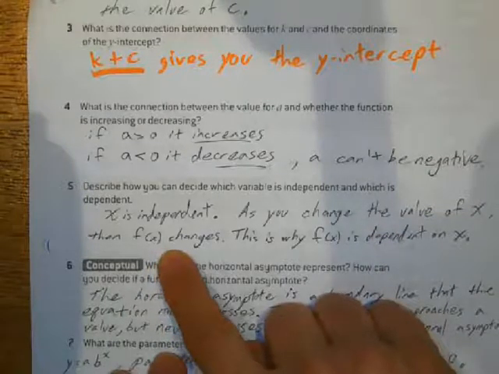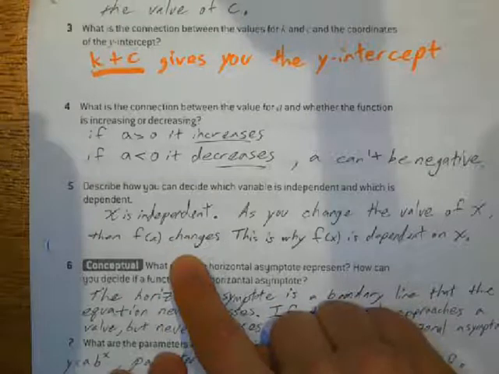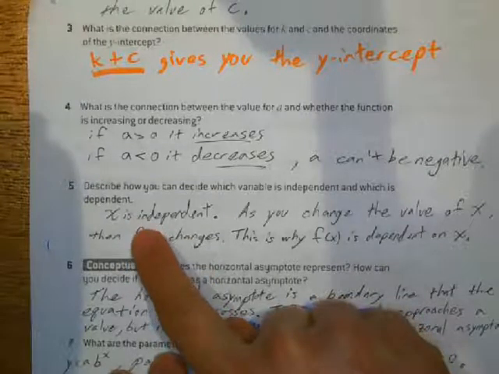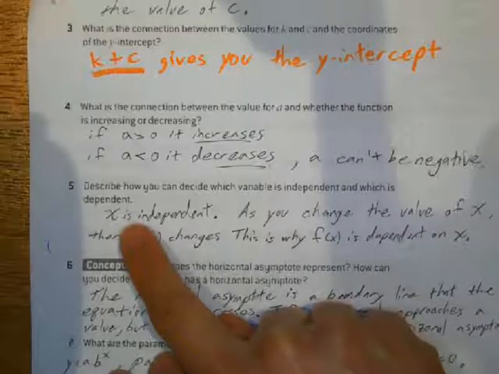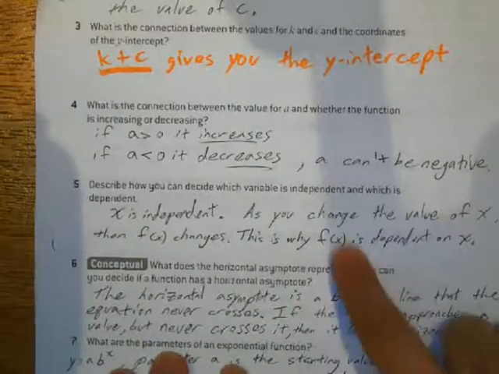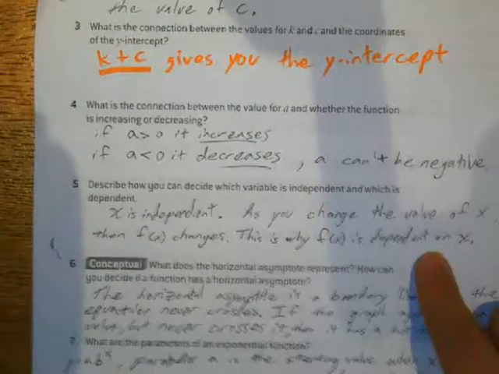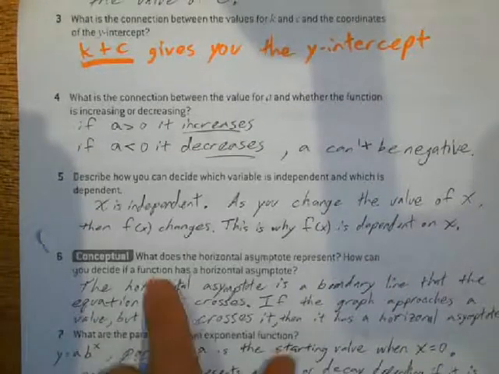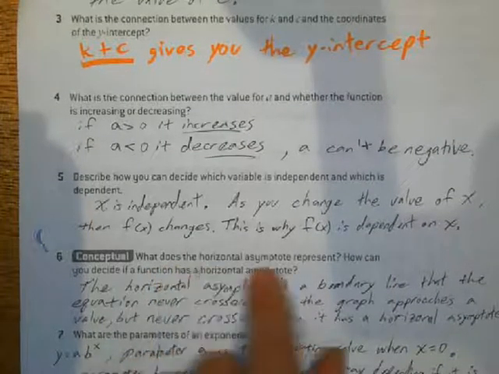Since y changes depending on whatever we have for x, y is dependent on whatever value we choose for x.